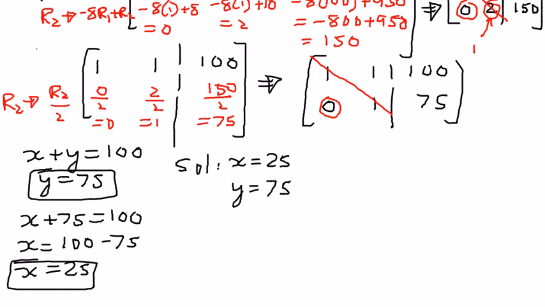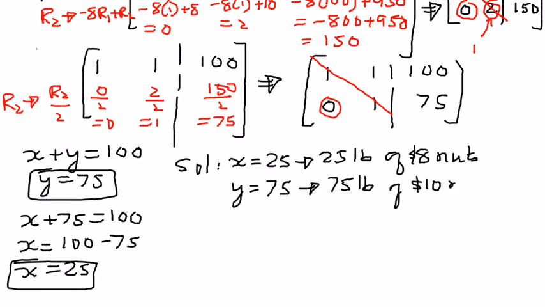What this is telling us is that we need 25 pounds of $8 nuts, and we will need 75 pounds of $10 nuts to be able to make 100 pounds of nuts selling at $9.50 per pound. So that's the way we want to tie it back into the given problem.